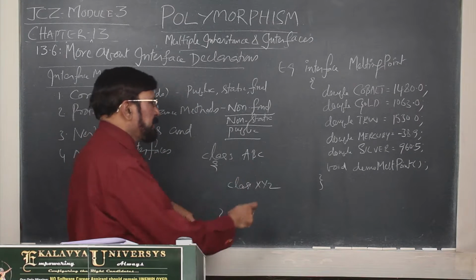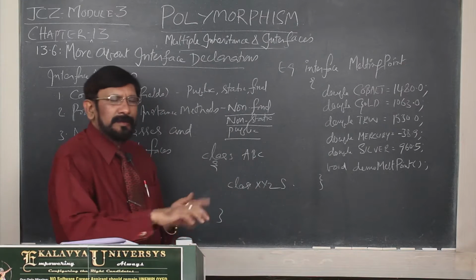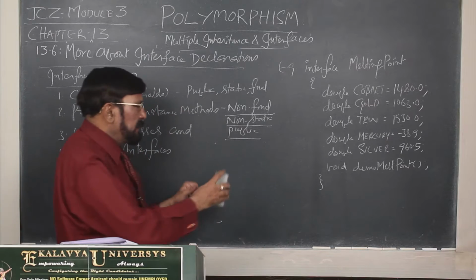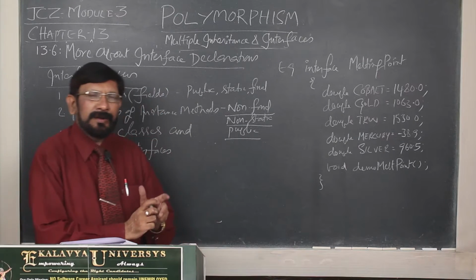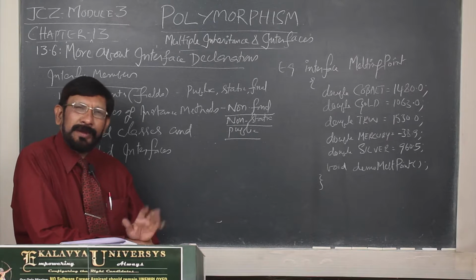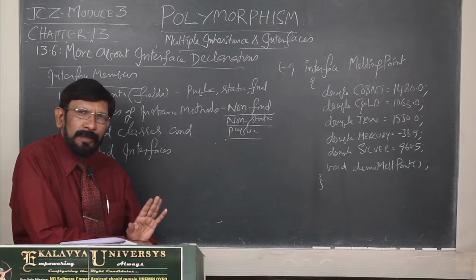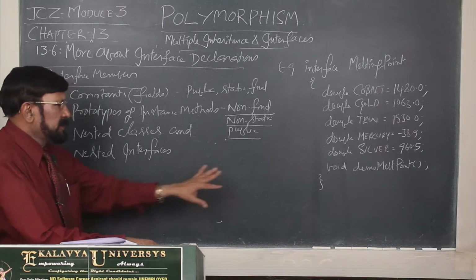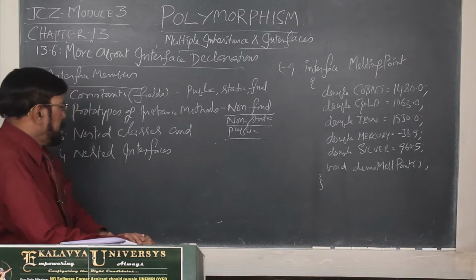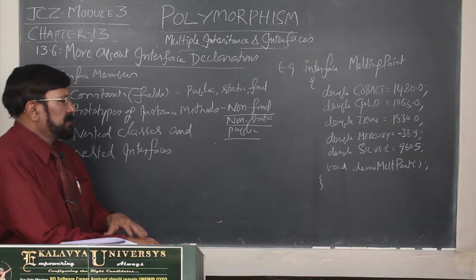This is called a nested class. So, within an interface, a class can be defined. That is technically possible, and in the next chapter we learn about nested classes. Thereafter, nested interfaces.